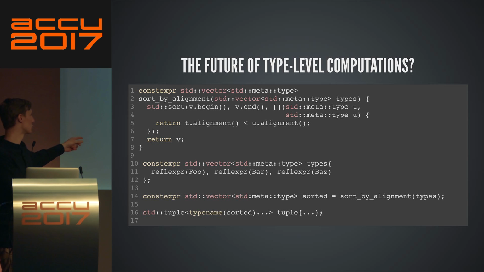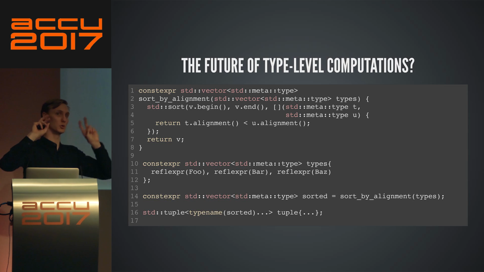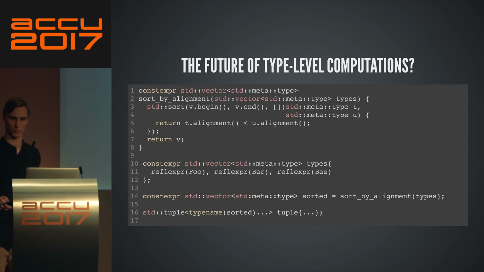So here this is creating a std::tuple with each element extracted from the sorted sequence, and each element is a std::meta::type, but it's known at compile time. So if we create a new magic keyword or reuse one, we might be able to actually put that out and represent that as a type.